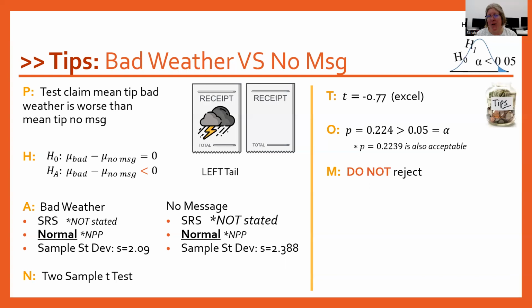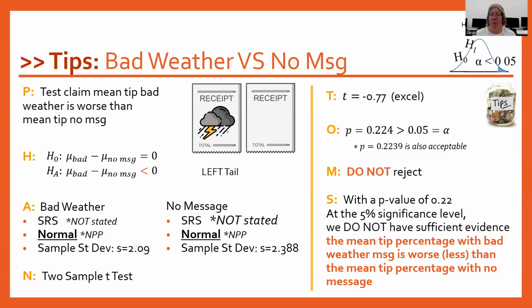I got about 0.22 for both of those, so about 22%, which is really big for a p-value. Definitely bigger than our 5% alpha, so we do not reject our null hypothesis. Meaning that with a p-value of 0.22 at the 5% significance level, we do not have sufficient evidence the mean tip percentage is worse or less than the mean tip percentage with no message.